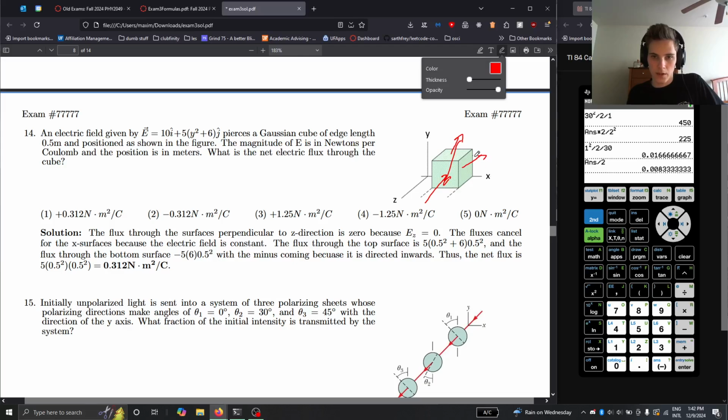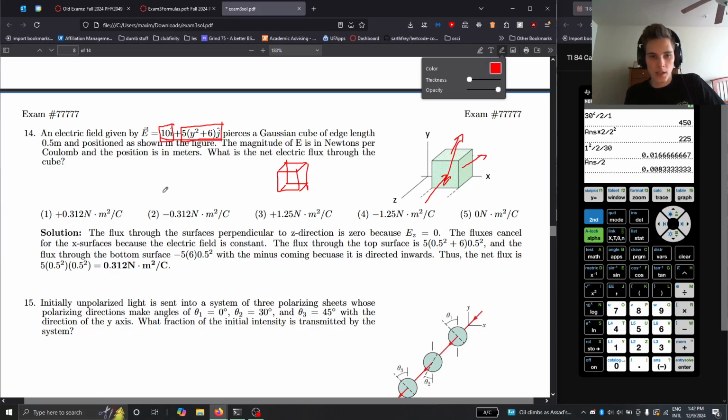So I guess I'll redraw the cube here. Let's look at this. We can break it down into components: 10 I and this monstrosity for J. If we think about it, there is no Z component in the electric field.